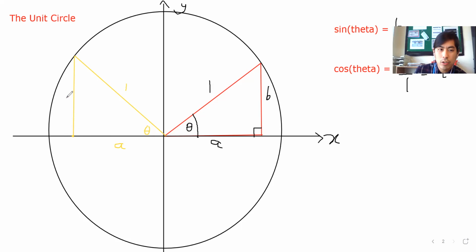And the height of this triangle would still be B. But a strange quirk of trig larger than 90 degrees is that this is a negative x. So this is actually negative A, correct?